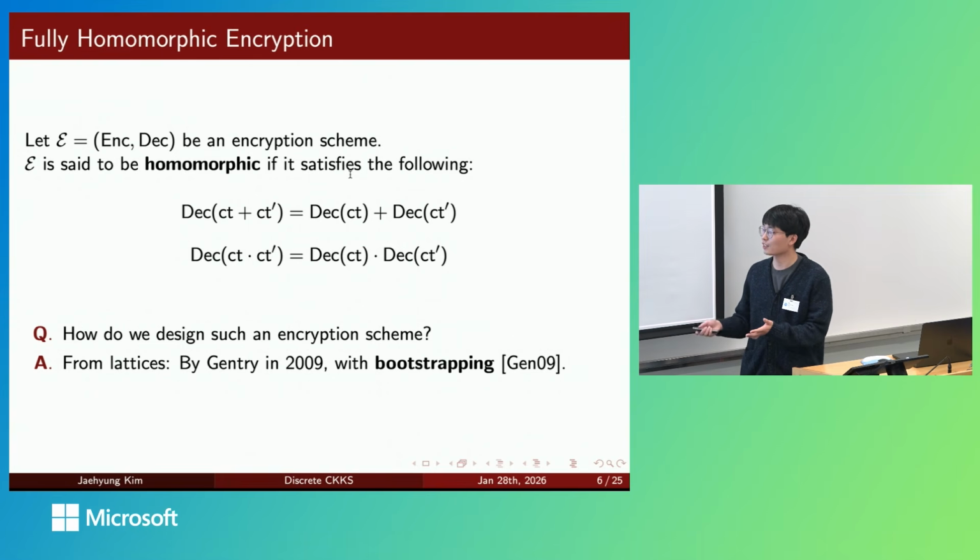What it means is that, let's say you have two ciphertexts, CT and CT prime, and you can define addition and multiplication over the ciphertext space. And it satisfies these two properties.